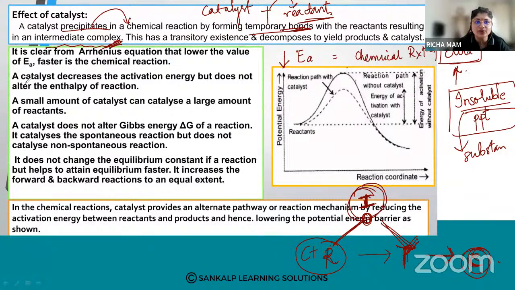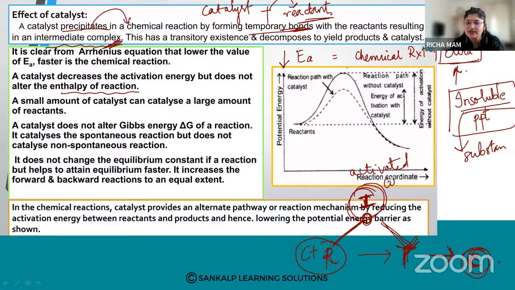So what will a catalyst do? A catalyst will decrease the activation energy but does not alter the enthalpy of reaction. The intermediate product it forms is called the activated complex.